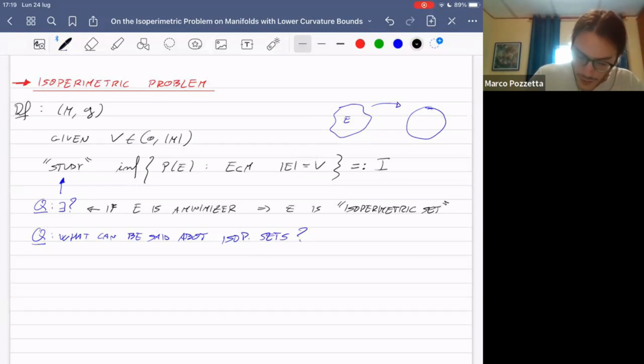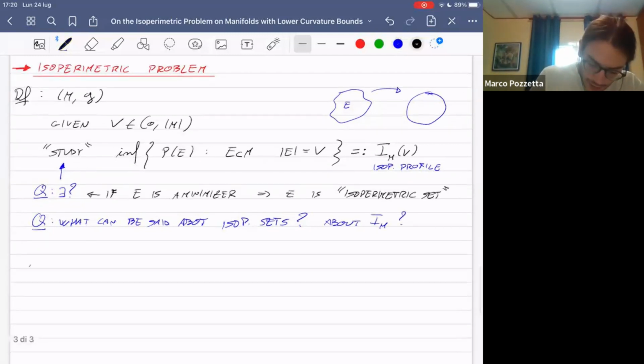And I will denote it with this symbol, I_M of V. And this is a function called the isoperimetric profile. So a question could be, what can be said about the isoperimetric sets, but also what can be said about the function I_M.